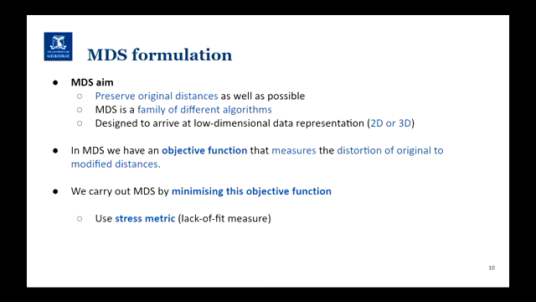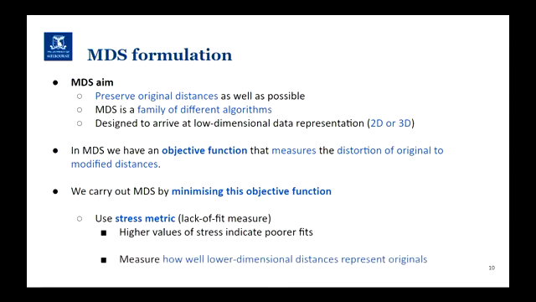For that, usually a metric called stress is used, which is also known as a lack of fit measure. Higher stress indicates a poorer fit, so there's a high difference between the high-dimensional distances and low-dimensional distances. These tell us how well the lower dimensional distances represent the original ones.